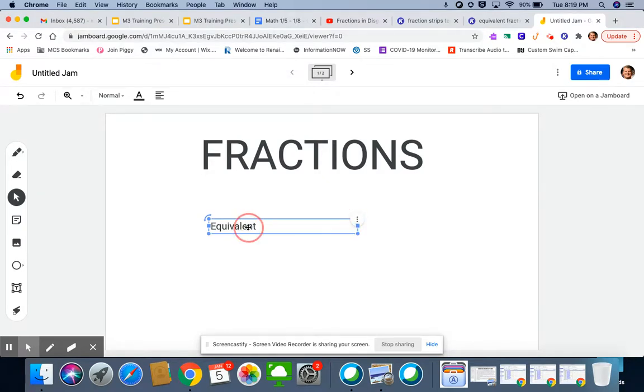So when you hear the word equal, I think of something being equal. So if I have a candy bar, I want an equal amount. I want the same amount as the person that is next to me. So when I have equivalent fractions, they are fractions that equal the same amount.